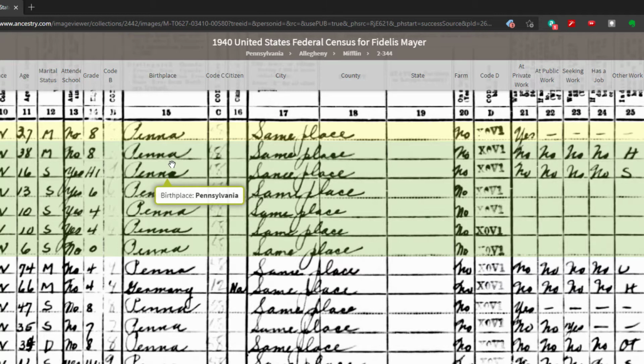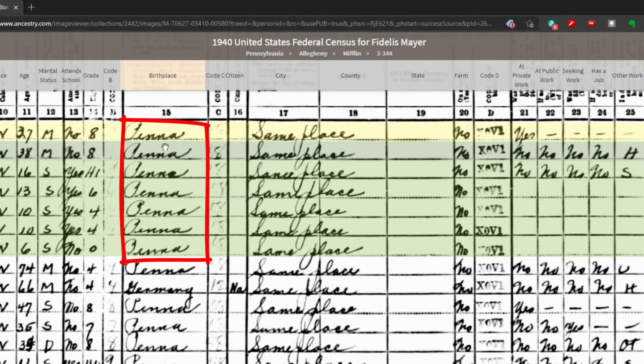Now, I'm not sure exactly what the significance of that particular date is, but you know that the borders of countries in Europe especially were changing a good bit. Even though this census was taken in 1940, if you're foreign-born, they want to know the name of the country you were born in and what country that place belonged to as of January 1st, 1937.